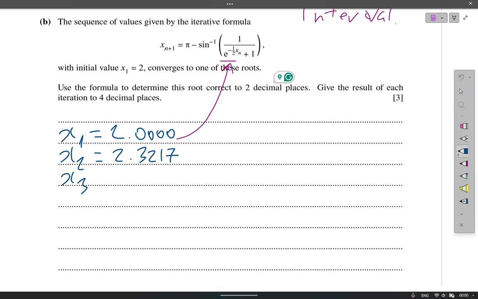And again, in the next step, you need to substitute the x2 value here to get the third value.